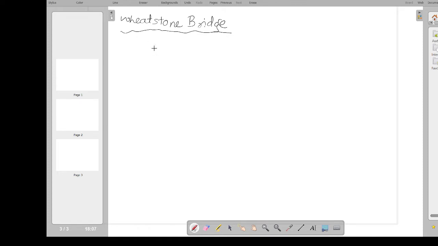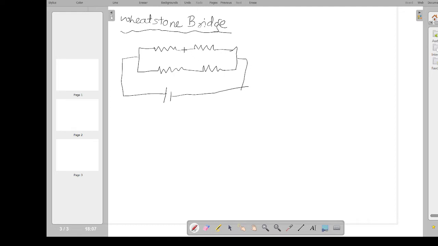So, we all know that this Wheatstone Bridge consists of four resistors like this, and we are also calling them the four arms of the Wheatstone Bridge. And there is one more resistor connected in between these two resistors.